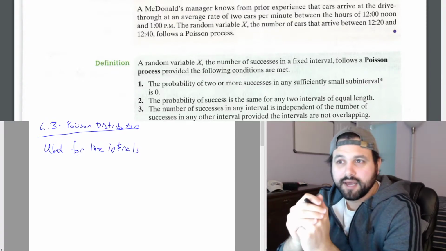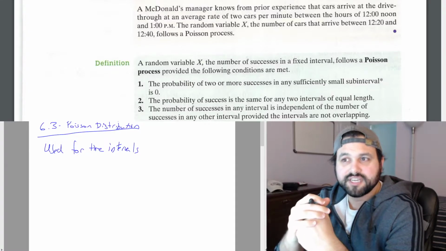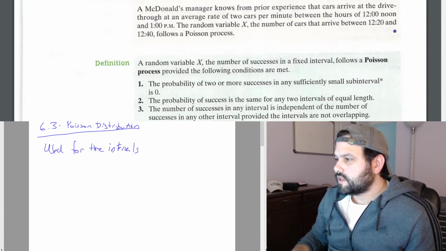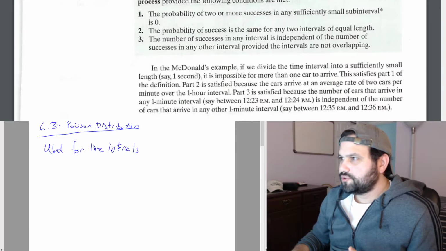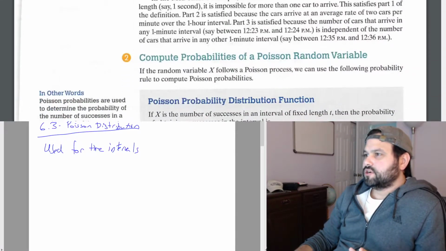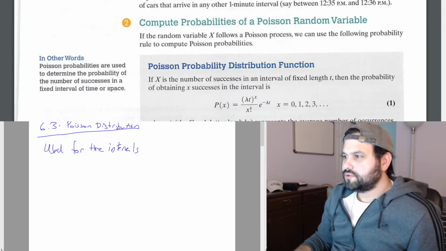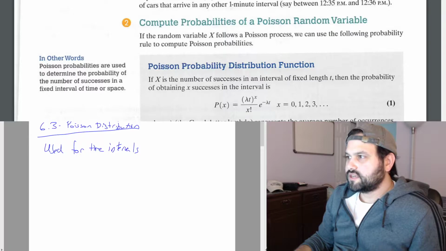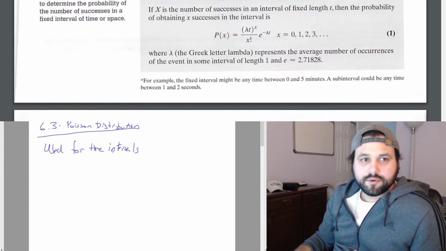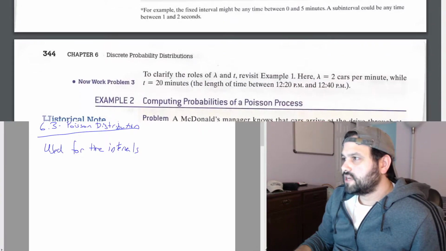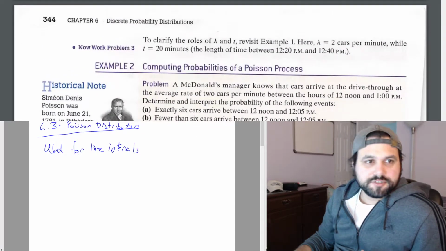That's what I mean by it's primarily used for time intervals. We're not going to do everything the book talks about, but there are a couple of symbols I want to explain because the book uses them a lot. We're not going to be using this formula, we're going to be using the calculator, but I do want to talk about what these symbols mean.